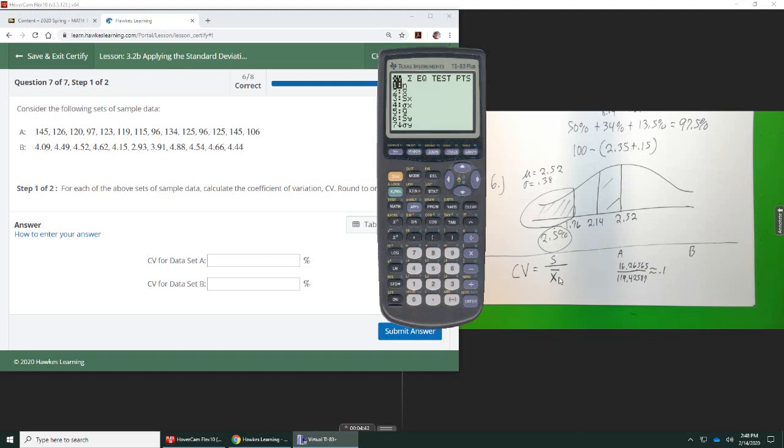And this time I want X bar, sample mean, and it's option number 2. So this is the sample standard deviation divided by the mean. You see those first digits are all the same, the first 5, and then after that it's different because it's rounded. So still rounding to 1 decimal place is 0.1.